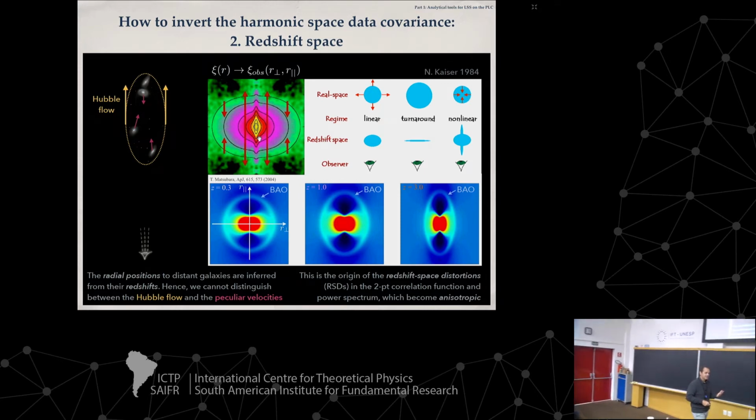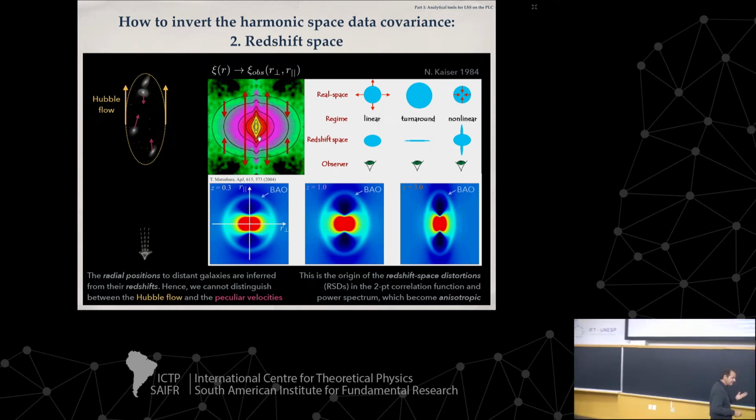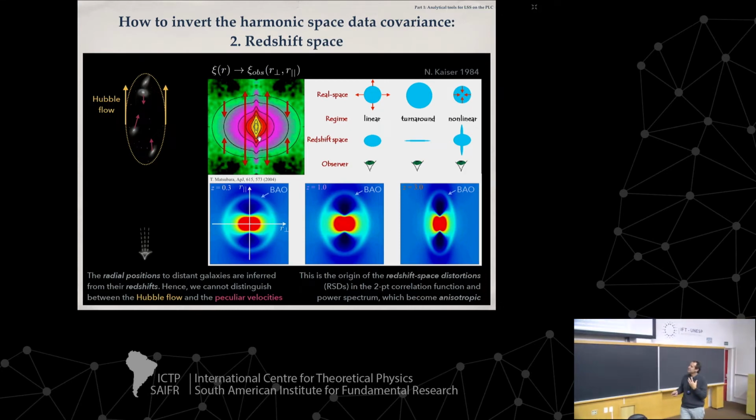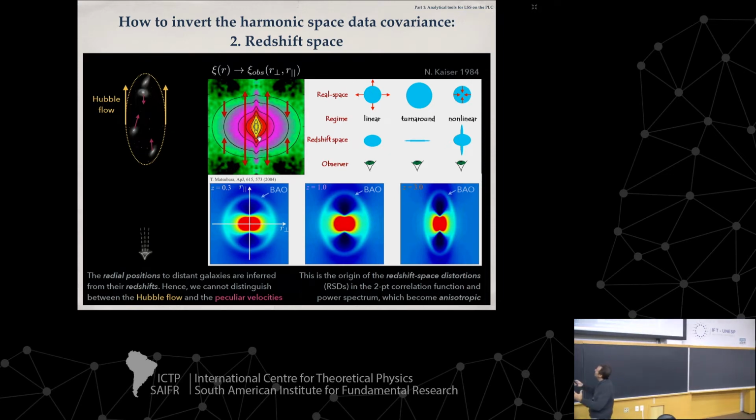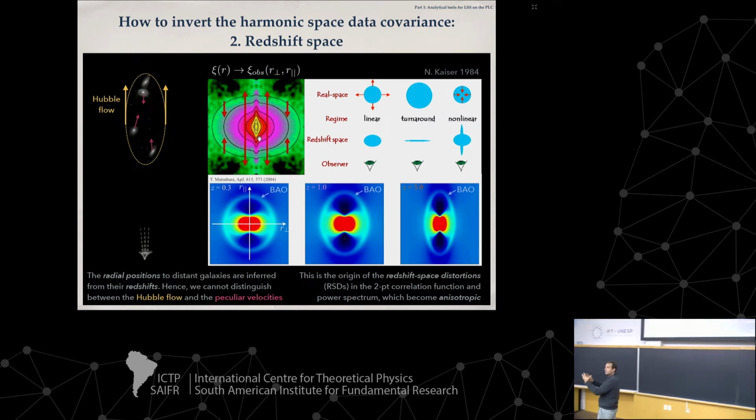Radial information is critical here, and the main reason is because we have something called redshift space distortions, which is very easy to see, and if you're not a cosmologist, you can imagine that you have a certain system here which is going away from you. That's the expansion of the universe, what we call the Hubble flow.